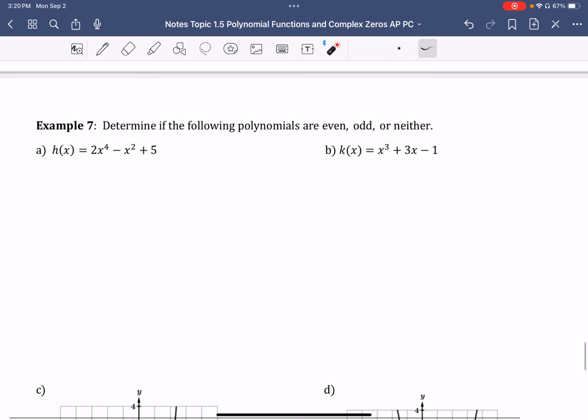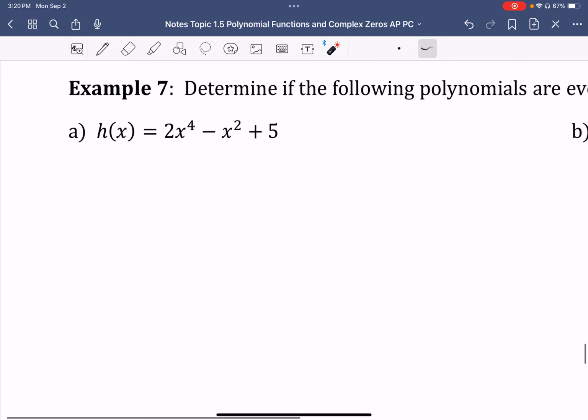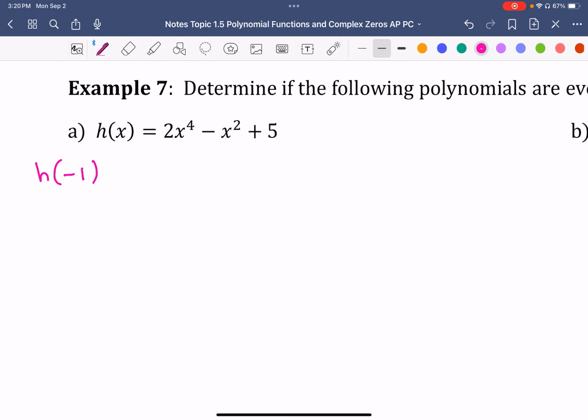Determine if the following polynomials are even, odd, or neither. So when you have a function, what you're going to do again is plug in +1 and -1. So we have 2 times -1 to the power of 4 minus -1 squared plus 5. Okay, so you got to do exponents first. So I'm going to bring down this 2. -1 to the power of 4.